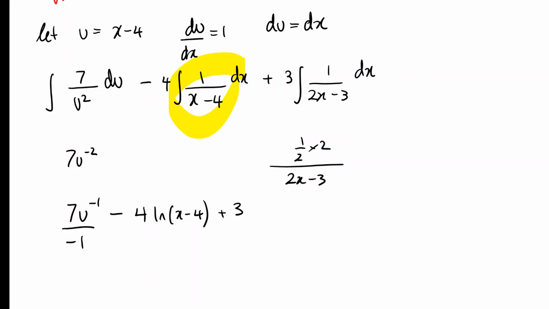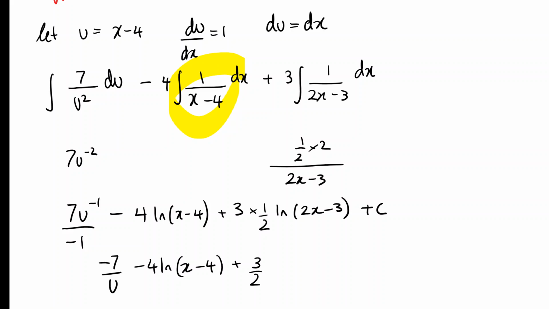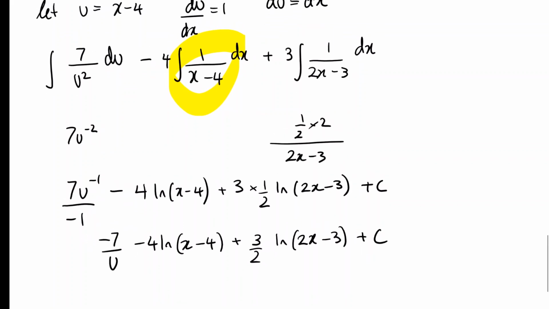So we can use the k f dash x over f of x pattern. So 3 times 1/2 ln 2x minus 3 plus c, and then this just needs to be tidied. So at first we've got 7 over u minus 4 ln of x minus 4 plus 3 over 2 ln of 2x minus 3 plus c. Okay.